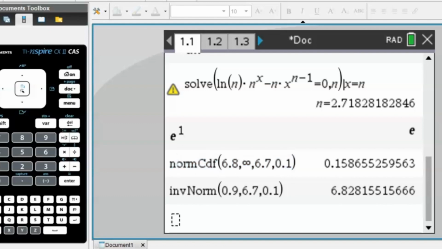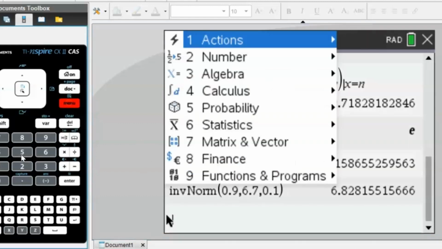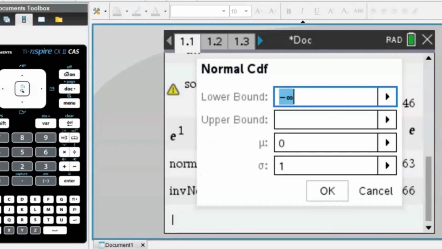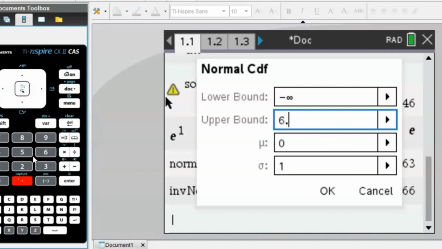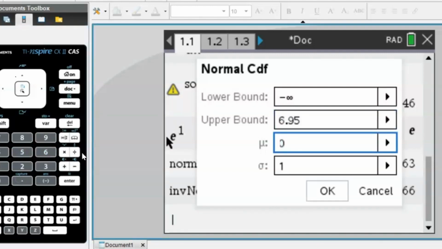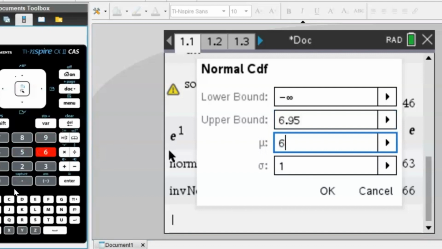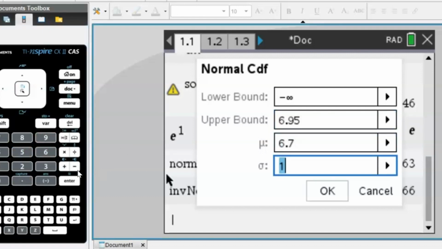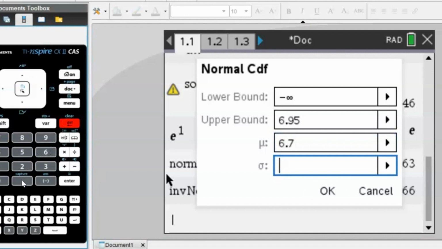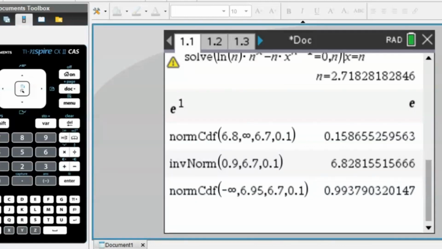Menu 5, 2: my lower bound would be negative infinity, upper bound 6.95, the mean was 6.7 and the standard deviation was 0.1.